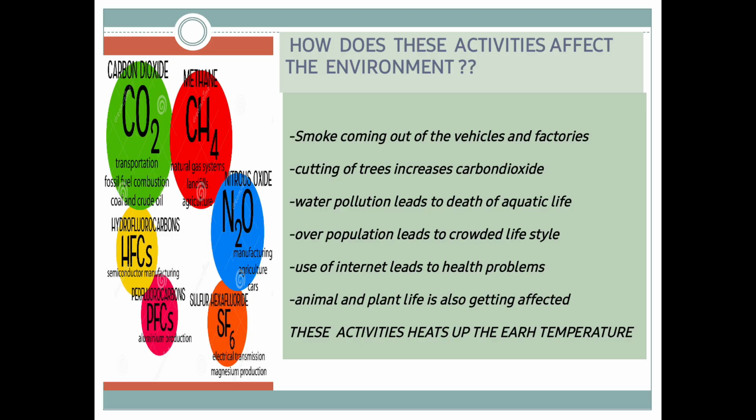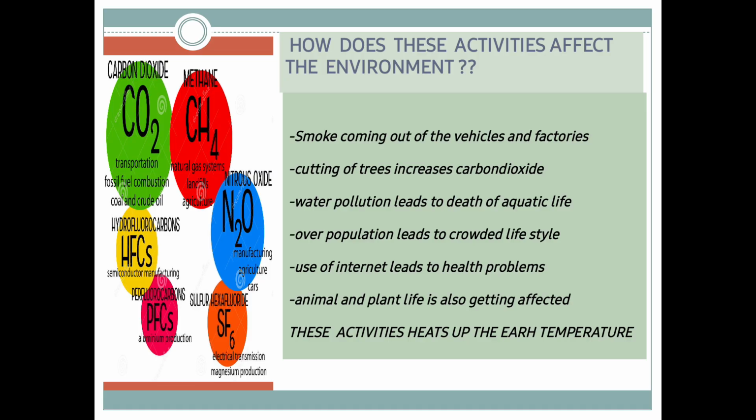For example, carbon dioxide, methane, nitrous oxide, sulfur hexafluoride, PFCs or perfluorocarbons, hydrofluorocarbons, HFCs. All these gases are emitted through activities such as cutting down of the trees, and smoke coming out of the vehicles and factories.